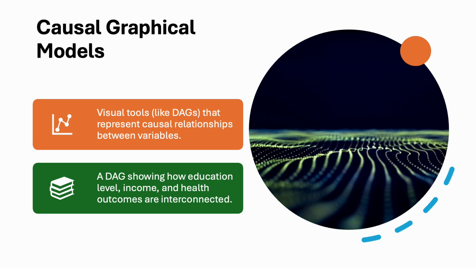So visual tools like DAGs, as mentioned earlier, represent causal relationships between variables, and the DAG showing how education level, income, and health outcomes are interconnected is also an area that we can ponder upon.